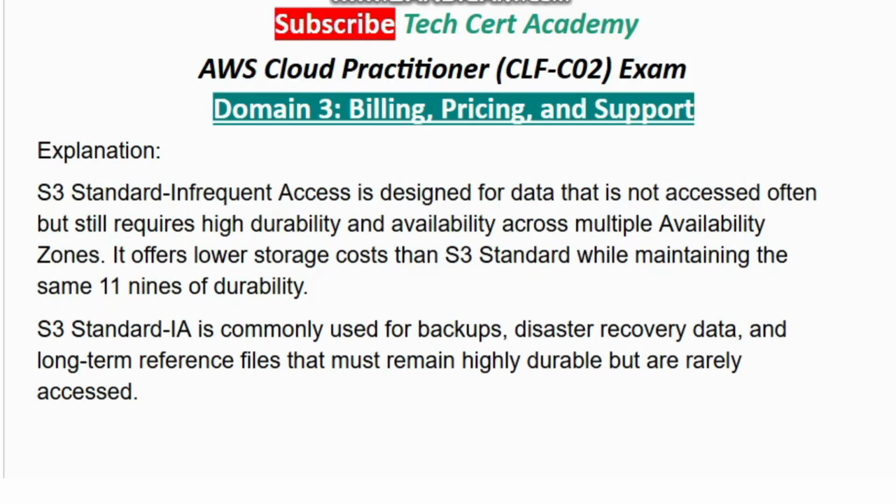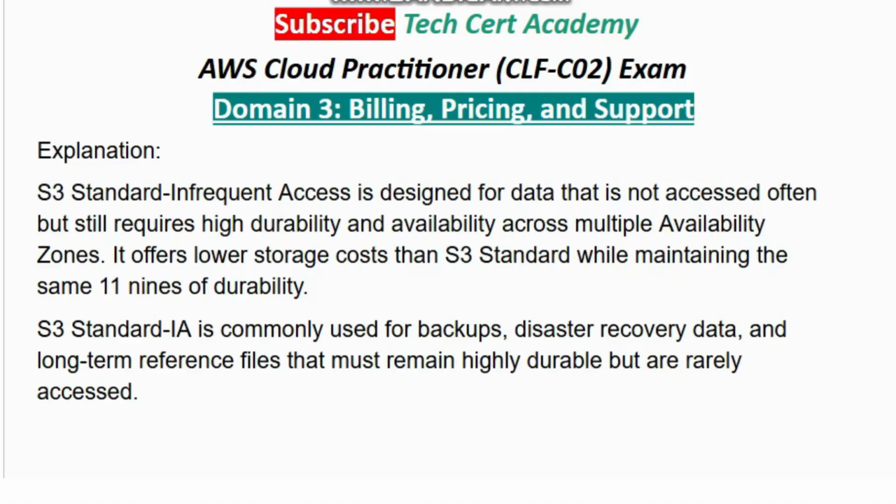Explanation. S3 Standard Infrequent Access. Standard IA provides lower cost storage for data that is rarely accessed, but requires high durability and availability across multiple availability zones. It maintains the same durability as S3 Standard while reducing storage costs. S3 One Zone IA is cheaper but stores data in a single AZ, which increases risk in case of an AZ outage.